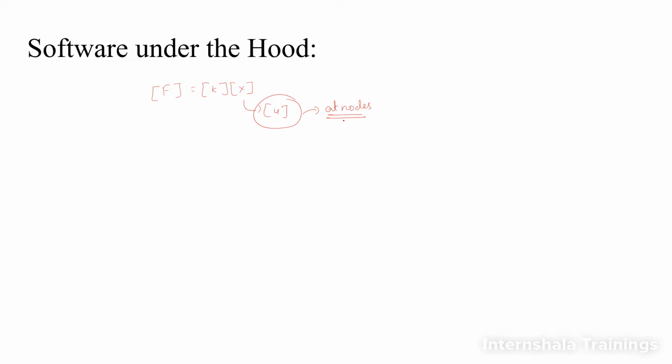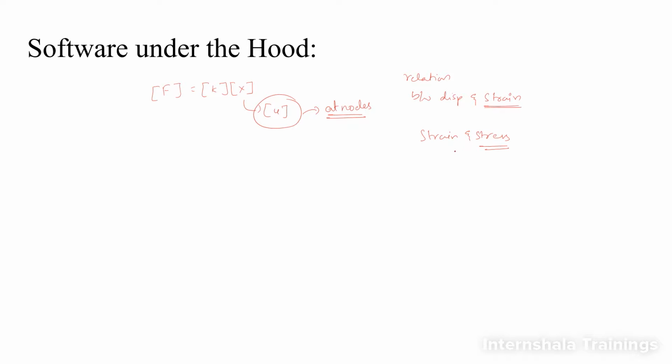Now what the software will do is, first of all, using the relations between displacement and strain, it will calculate the strain. Then using the relations between strain and stress, it is going to calculate the stress value.